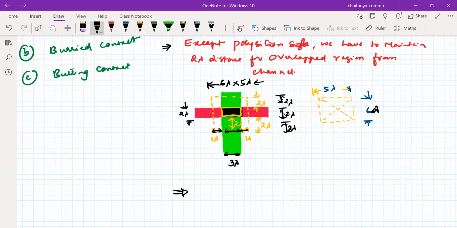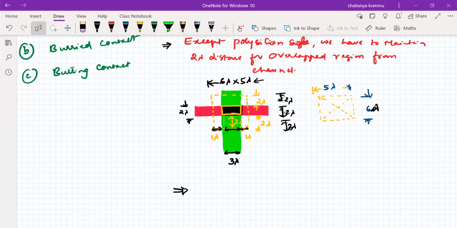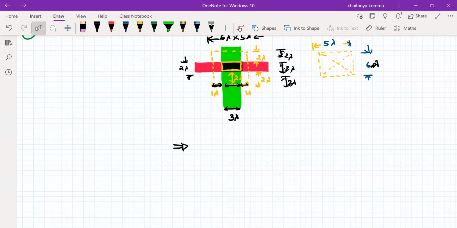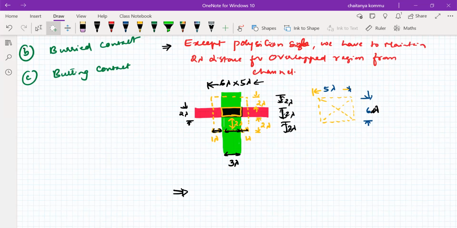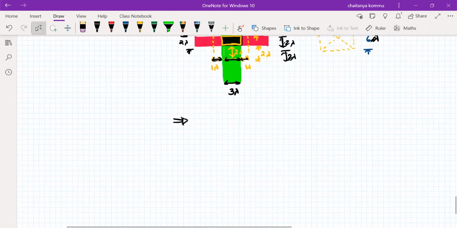Whereas in the butting contact, what we have to do is take the metal on top of it. We have to consider a 6 lambda by 4 lambda overlap region, and we put a metal contact on top of it. If you take the butting contact, it doesn't follow that kind of criteria.